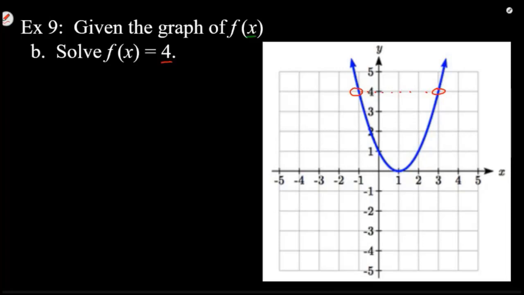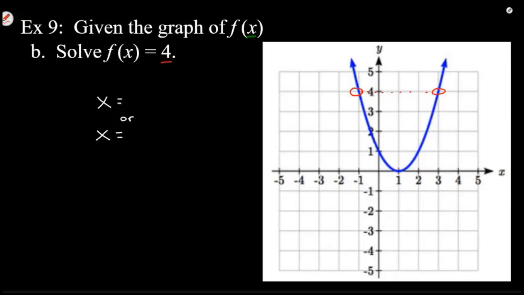So how do I find these input values that give us output values of 4? So we would say x is going to have 2 possibilities, right? How do we find those possibilities? What are the 2 x values that give us output values of 4? Yeah, -1. How do we find it?